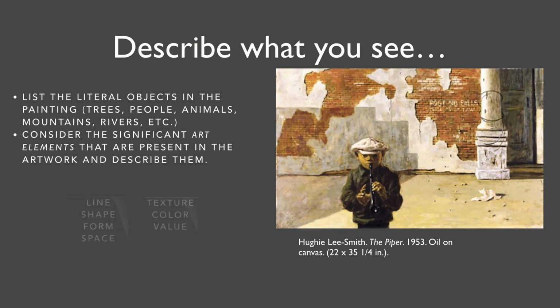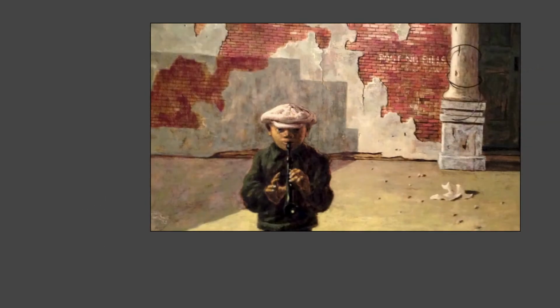So next you'd want to describe exactly what you see. Don't give it meaning, just say what you see. And then you want to think about the elements of art that might be used to represent these objects. So in The Piper, the first thing you'll notice is a boy. He's playing a recorder, and he looks as if he's in a dirt path or an alleyway.